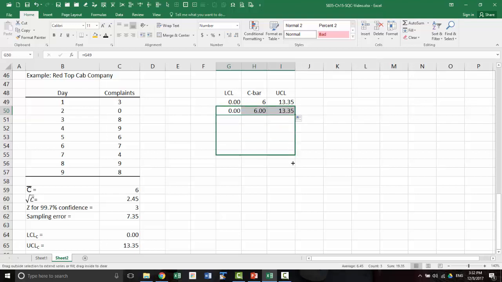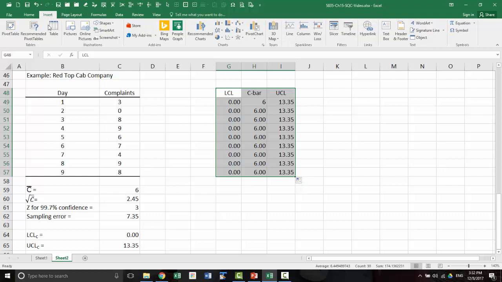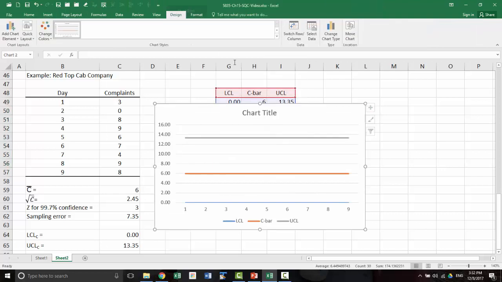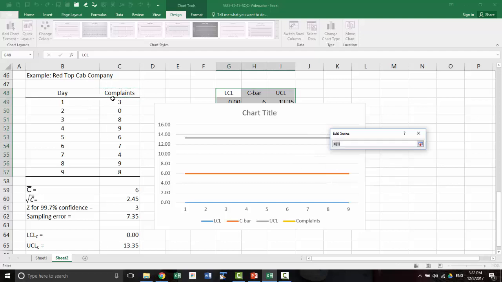Okay, like that, and then like that. Now plot these 3 lines first. Okay, and then add complaints, which is C. Okay, add that.